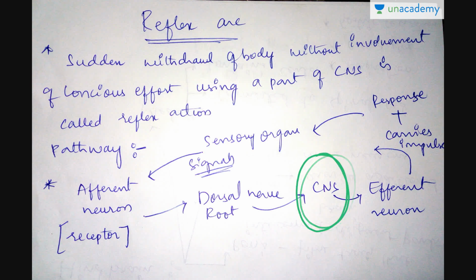After reaching central nervous system, the efferent neuron carries these impulses from CNS along with responses and again gives it back to the sensory organ or the site of the pain.